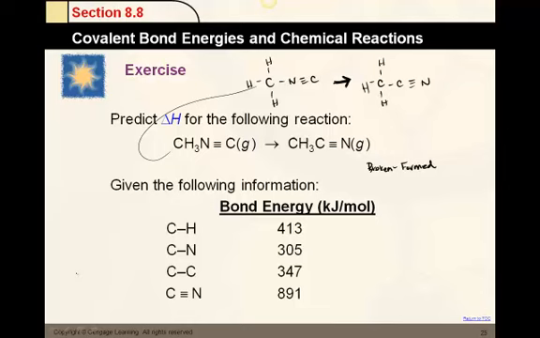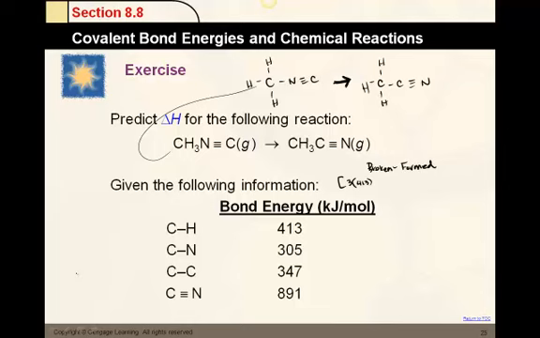So we have to figure out how much energy it takes to break the bonds of this first molecule right here. Well, you will notice that there are 3 carbon-hydrogen bonds, 1 carbon-nitrogen bond, and 1 nitrogen-carbon triple bond. So I have to figure out whatever 3 times 413 is, because for each carbon-hydrogen bond it's going to take 413 kilojoules of energy absorbed to break it.